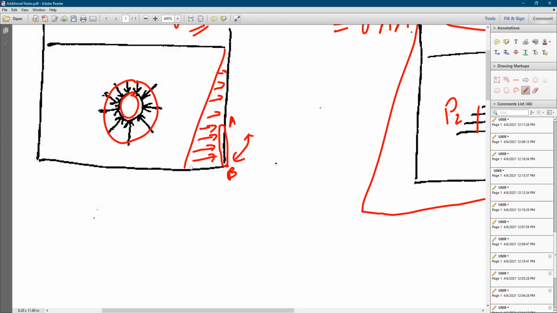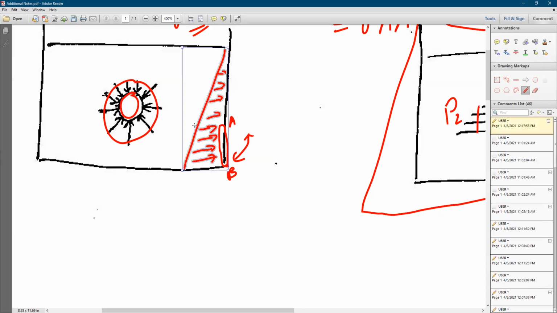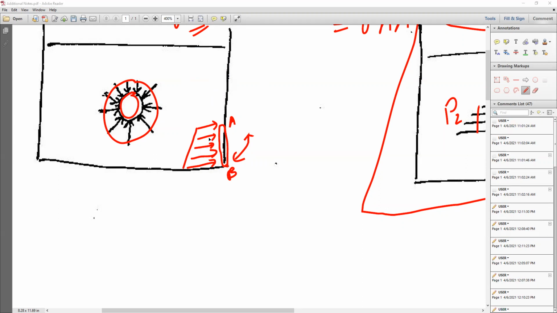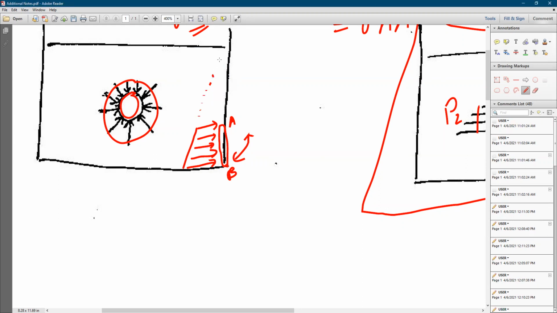But to make your life much easier, what you can do is just cut that out. You just ignore this part. You don't have to draw it, no need to draw that part up till here. It's just enough if you can draw this part.